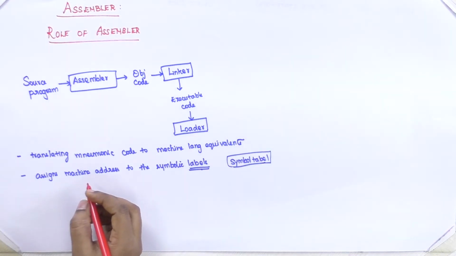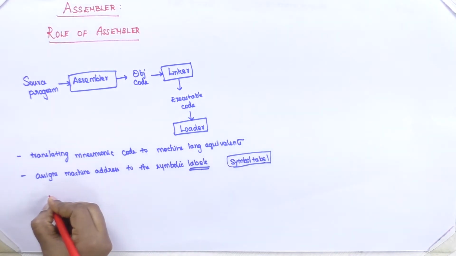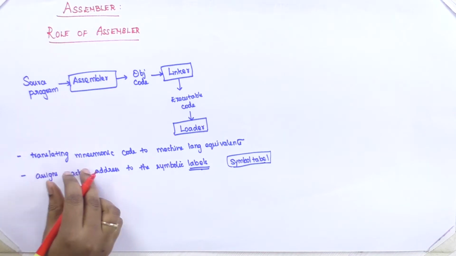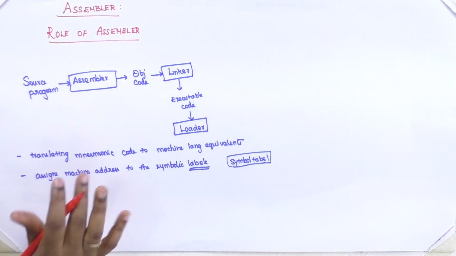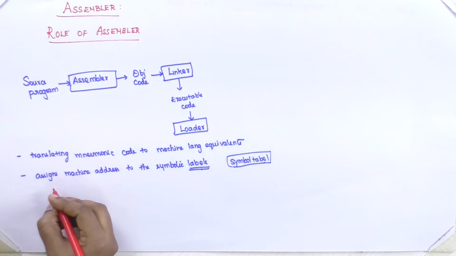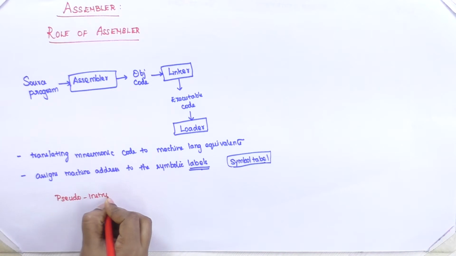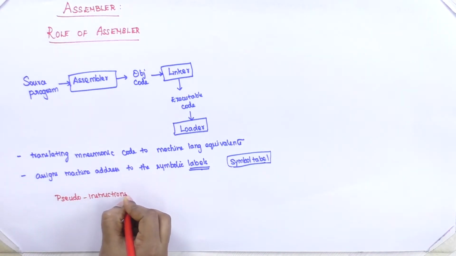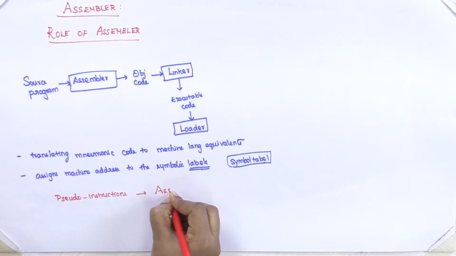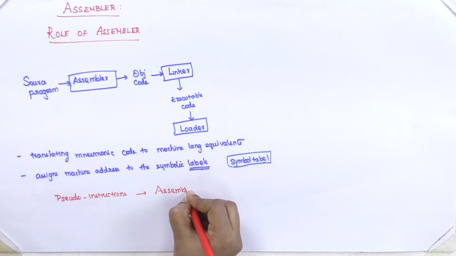An assembly language program is made of mnemonic codes. In an assembly language program there are some pseudo instructions. These pseudo instructions are nothing but our assembler directives.